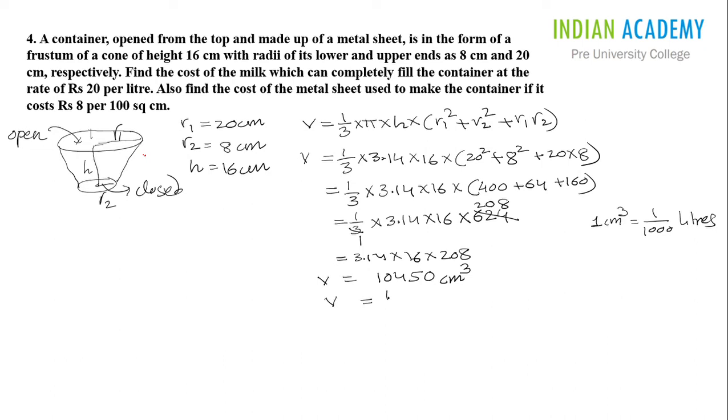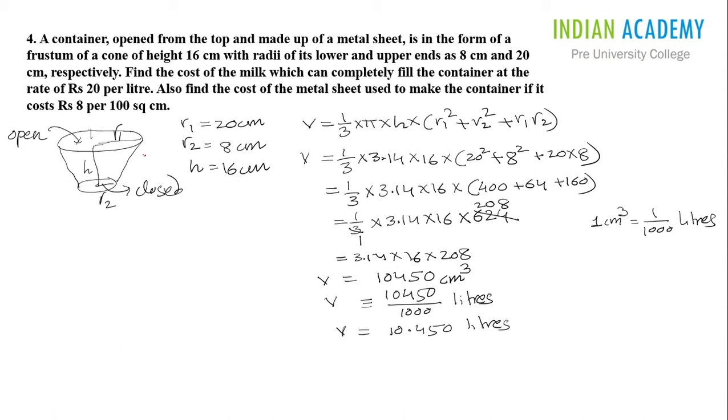So we get 10450 divided by 1000, and the unit will become liters, which comes out to be V equal to 10.450 liters.